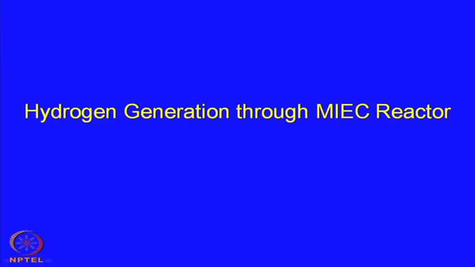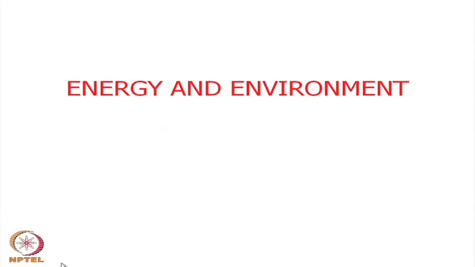What is the problem of the energy sector and why are we so interested in generating hydrogen? Earlier we have discussed the fuel cell, that is one of the most efficient devices for converting hydrogen into electricity. Unfortunately, hydrogen is not available in nature. It is available in the combined form as water.